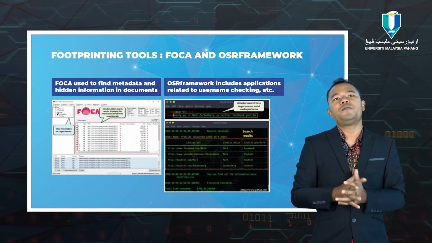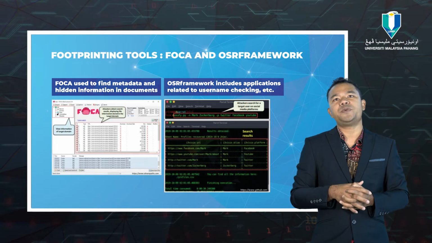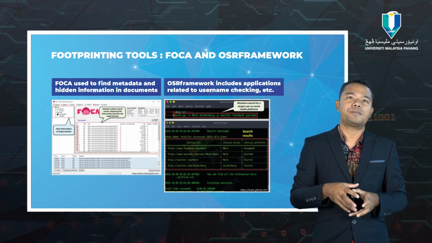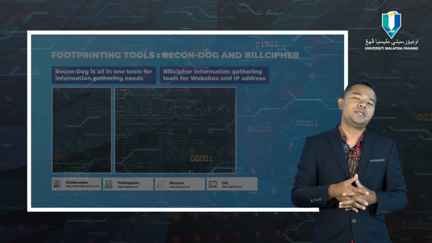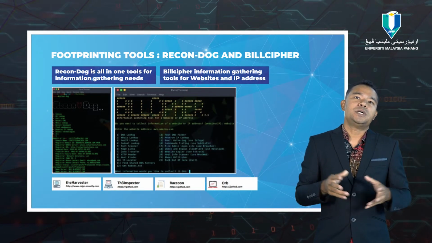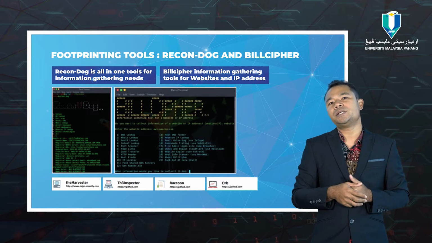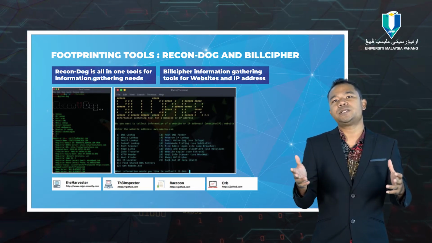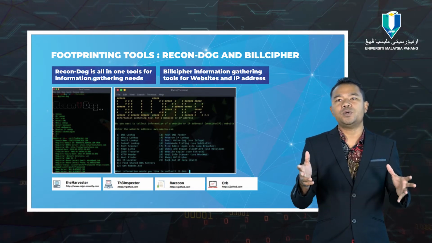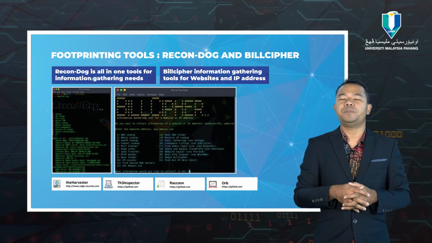This is an example of the tools FOCA and the OSRFramework. These are also examples for Recon-ng and BuildCipher. There are also other tools like Vesta, theHarvester, Recon, ORB, and Pen menu.